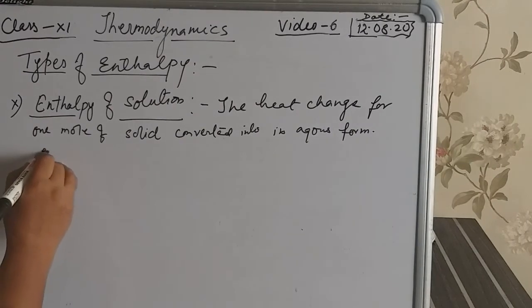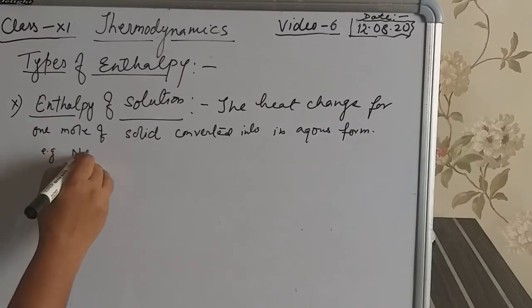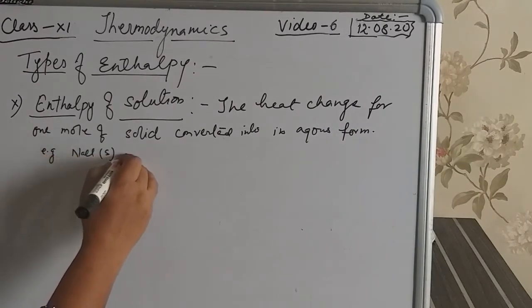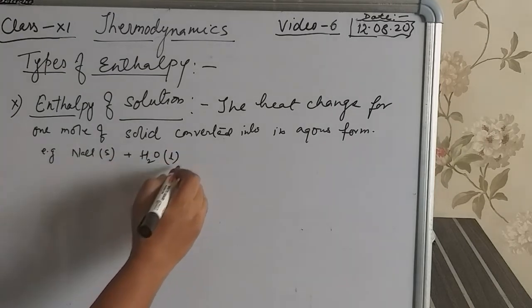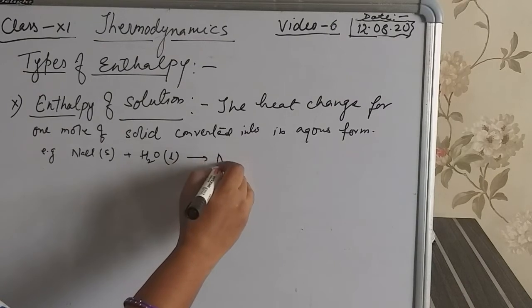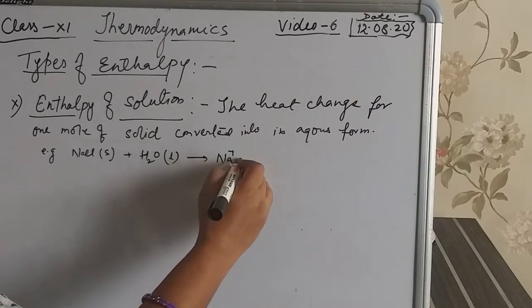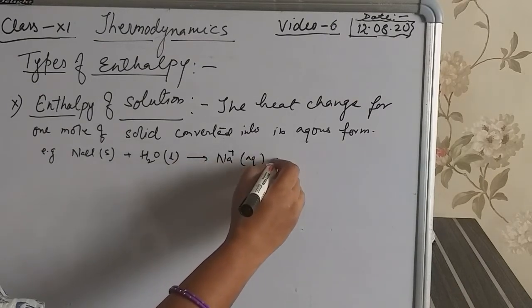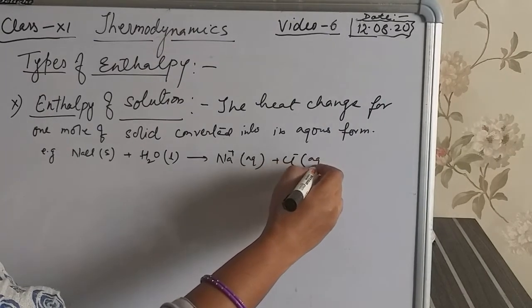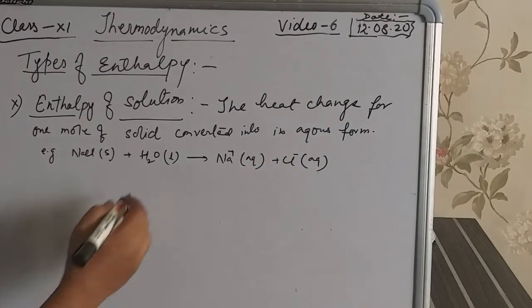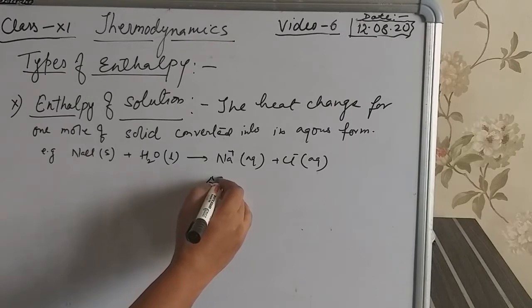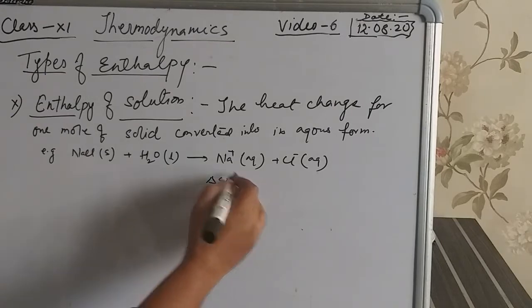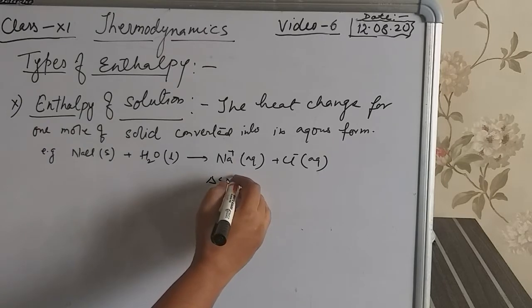For example, sodium chloride in solid state, when dissolved in water which is in liquid state, forms sodium aqueous plus chloride aqueous. This is known as enthalpy of solution.